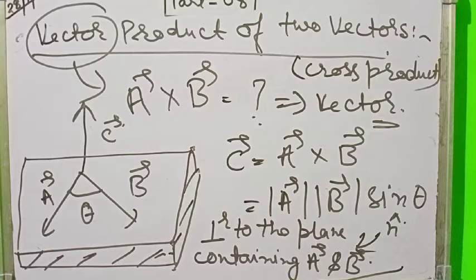So the vector product or cross product of two vectors is defined as the product of the magnitudes of the two vectors with the sine of the angle between them, and the direction of the vector is perpendicular to the plane containing the two vectors.